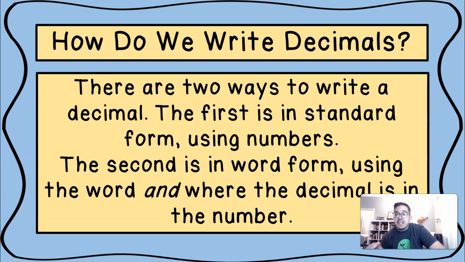And the second is in word form, using the word and where we see the decimal. So if we were writing it and we have the digits 2, a decimal point, and 9, we would write that out as two and nine, and then give it a last name of tenths.